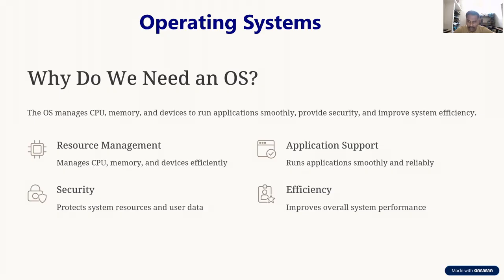It also provides security by protecting the system data, and overall it improves system performance. For example, when you open an application or save a file, the OS is managing everything in the background.